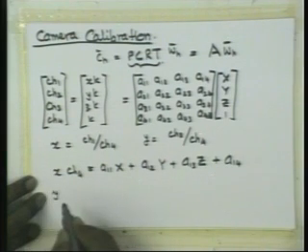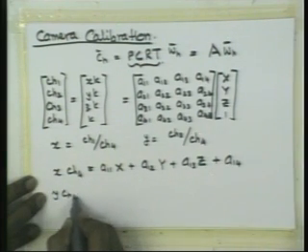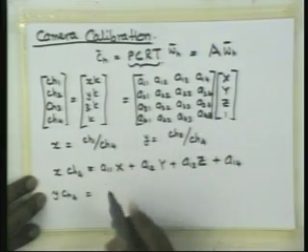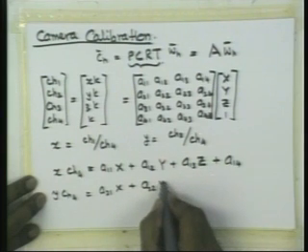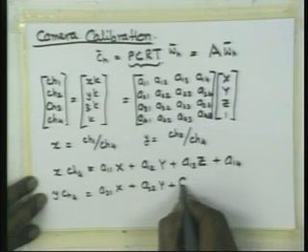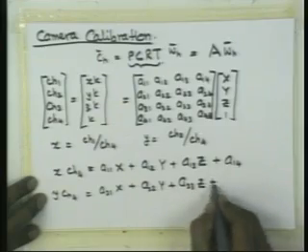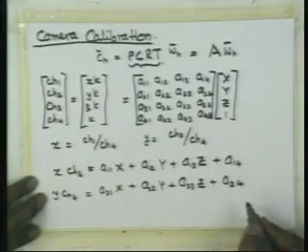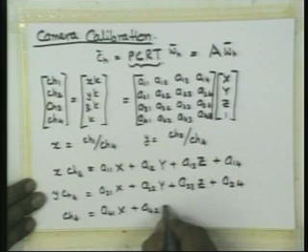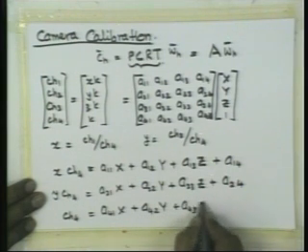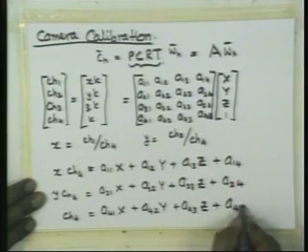Similarly, y times CH4 is equal to the second row, which is A21 x plus A22 y plus A23 z plus A24. Okay, third row I am going to ignore, that is not significant. I will look at the fourth row though. So CH4 is given as A41 x plus A42 y plus A43 z plus A44.